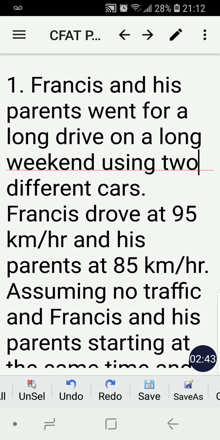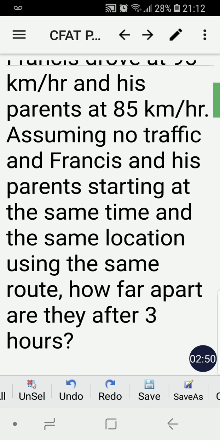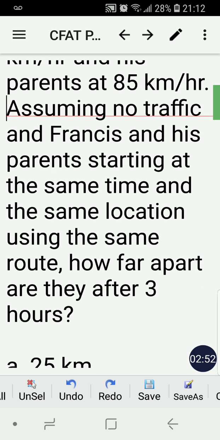So there's a 10 kilometer per hour difference in speed. Assuming no traffic, and Francis and his parents starting at the same time and the same location using the same route, how far apart are they after 3 hours?